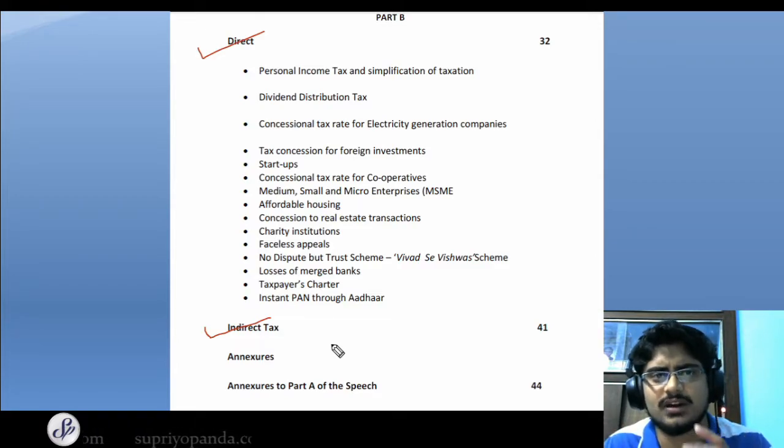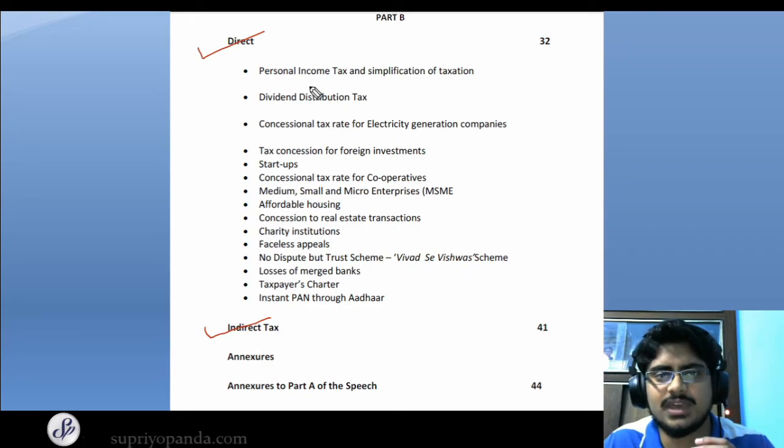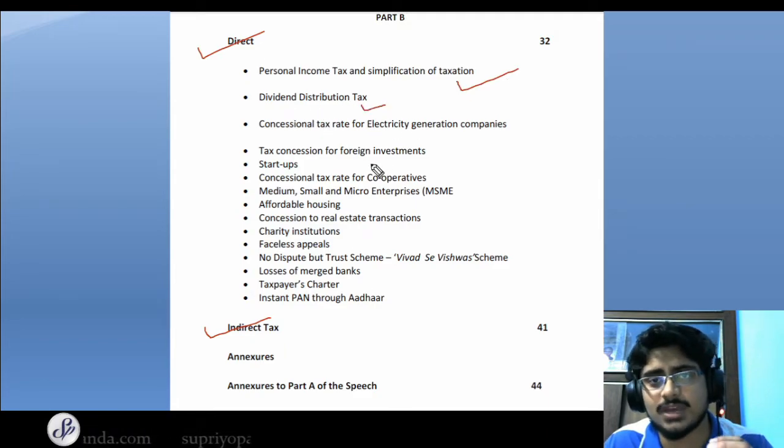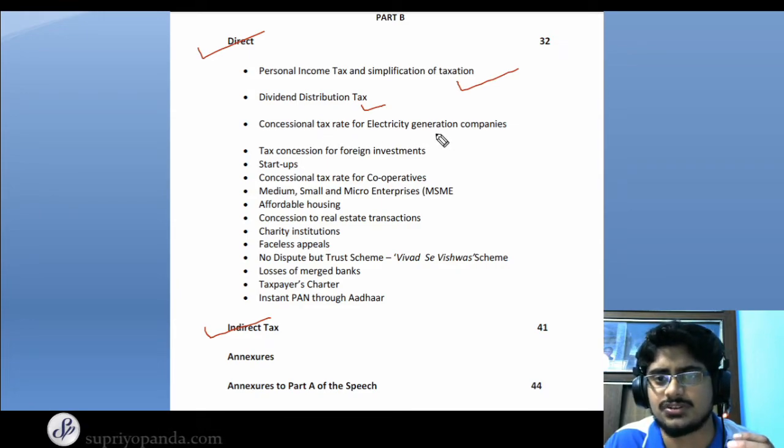So just to give you an idea, for direct tax we have personal income tax and simplification of taxation that we really need to understand. Then the dividend distribution tax, this has completely been abolished, and it's very important to know what is going to be the repercussions of those things. Then we have the concessional tax rate for electricity generation companies.